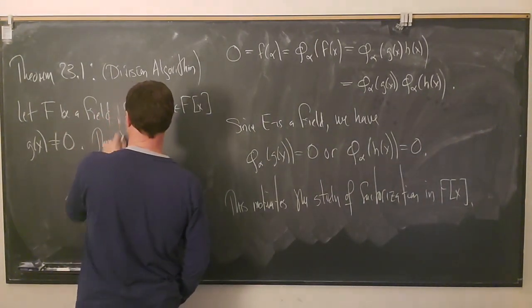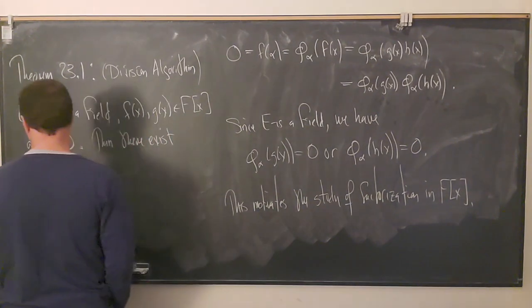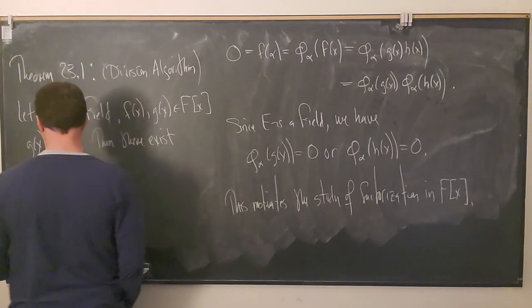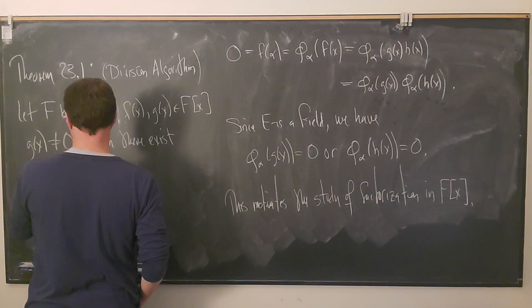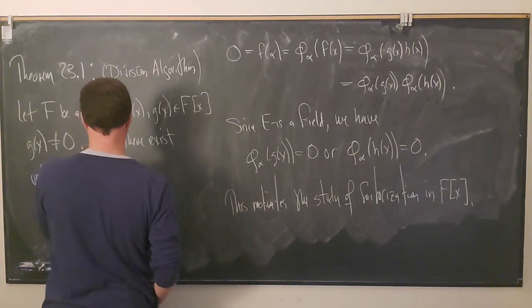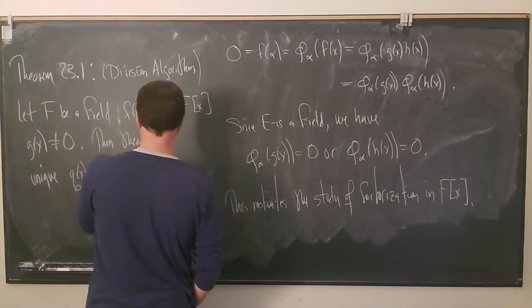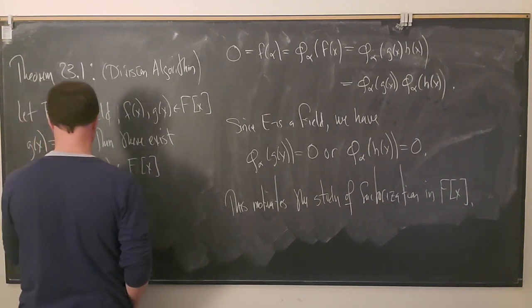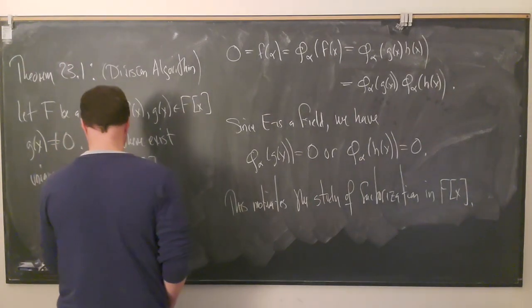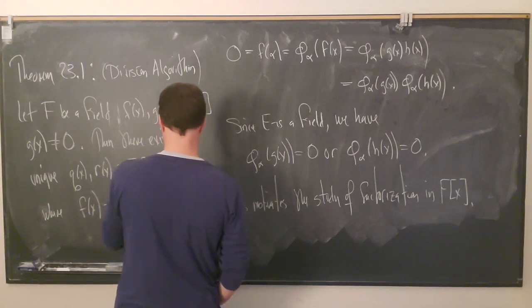Then there exist unique polynomials, q of x and r of x in F bracket x, where f of x is equal to g of x times q of x plus r of x.